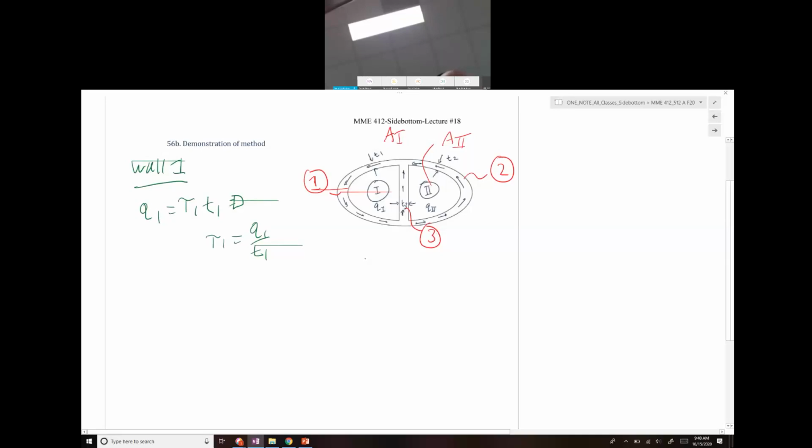For wall 2, it'd be very similar. There's only one shear flow, which we say is Q2, and that would be equal to tau 2 times T2. So again, tau 2 equals Q2 over T2. And then the last one we have is wall 3.